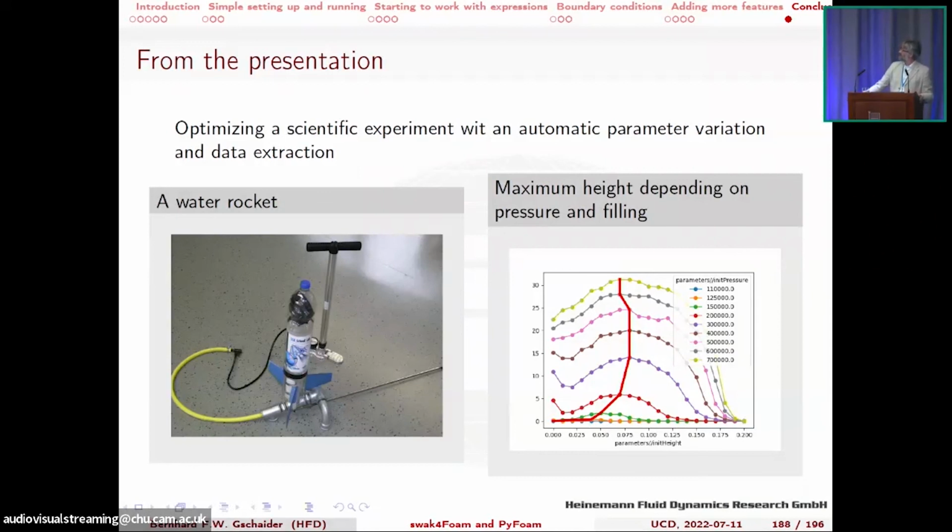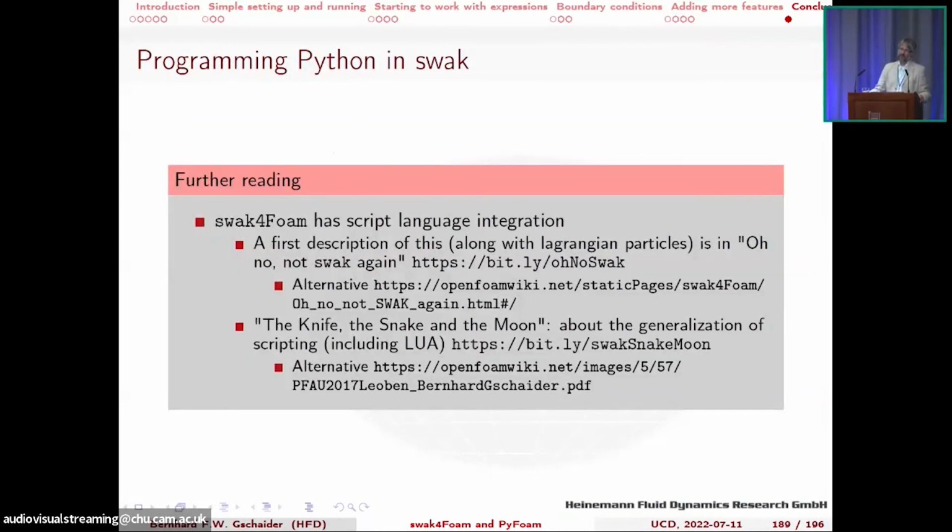And in that presentation, it's explained how to do a very, very simple interFoam simulation, do the parameter variation, and find out what is the optimum height that you get for certain filling. So basically, I think optimum filling was something about 40%, according to these simulations, which lined up with the experiments I was doing with my niece.